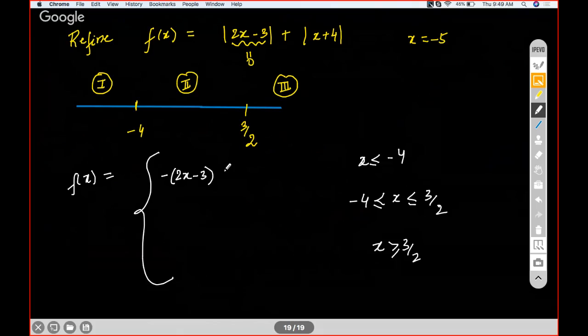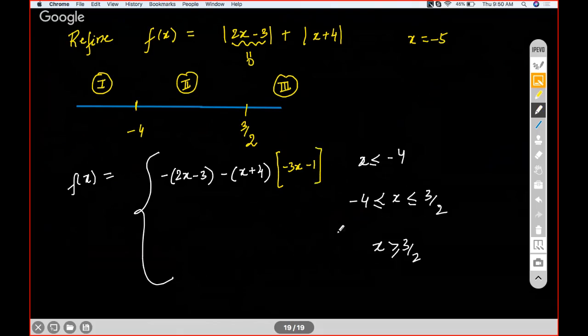Then if I put in negative 5 in x + 4, it would be minus 1, which is again negative, so it's going to be minus x minus 4. So here it's going to be minus 3x minus 1.